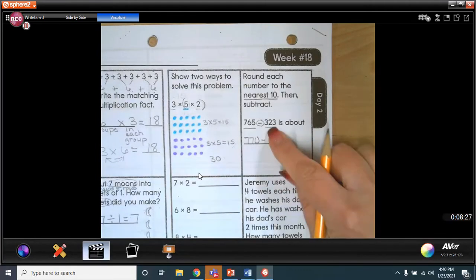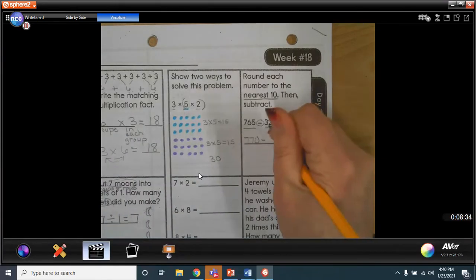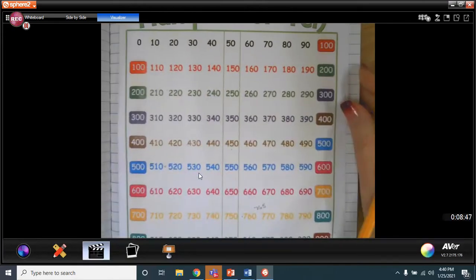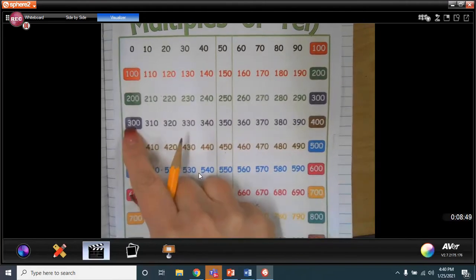Now we're going to take a look at 323, and we're going to round it to the closest 10. This 20 is in my tens place. Remember, we're looking for the two 10s that 323 is between. So let's go back. Here's 300.